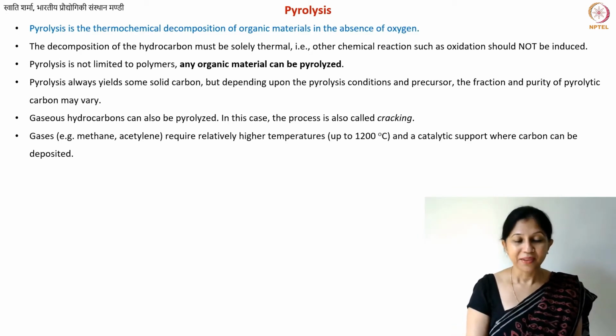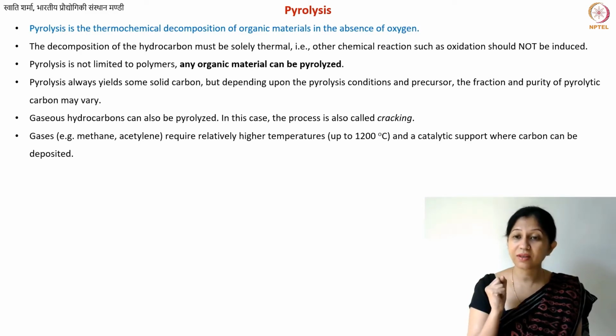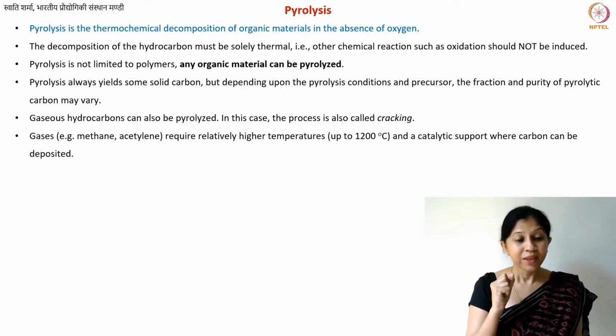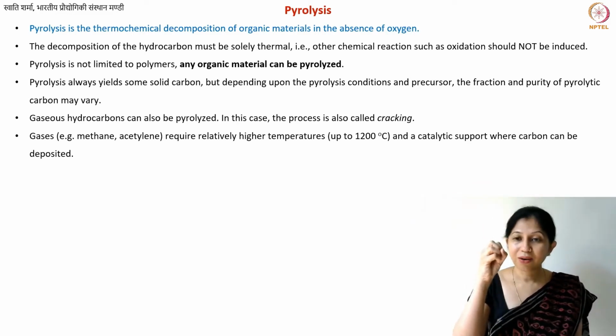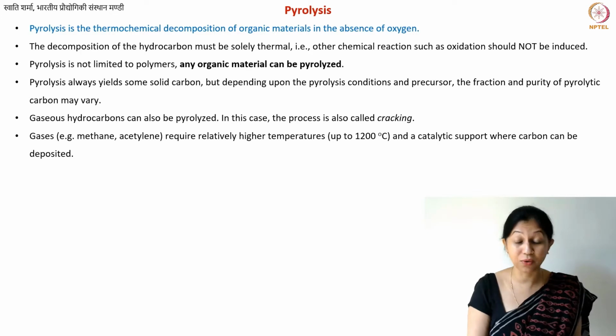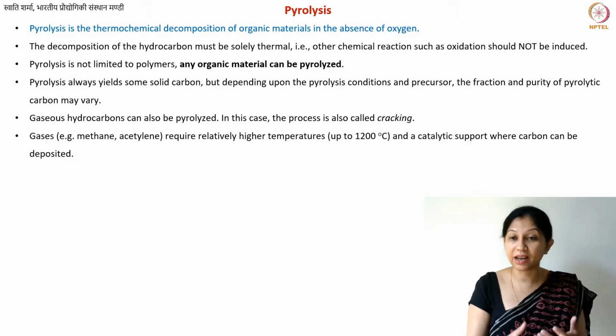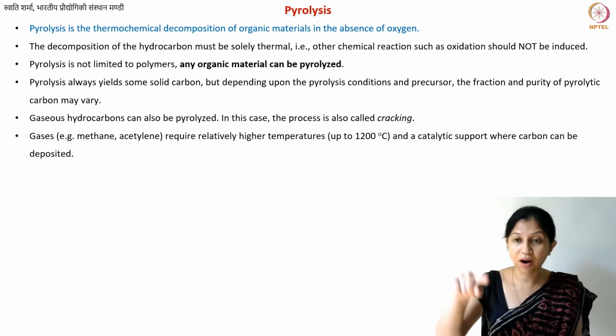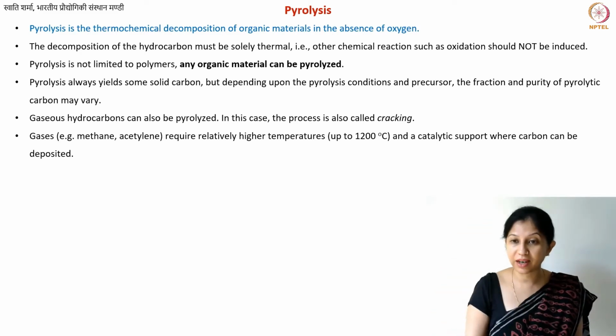Now, if you have a heated substrate which also serves as a catalytic surface, then your hydrocarbon will only crack on top of or around that surface, and not in the entire chamber. Because if you crack the hydrocarbon, let's say, in the entire tube of your furnace, then the carbon will also deposit on the entire tube of your furnace.